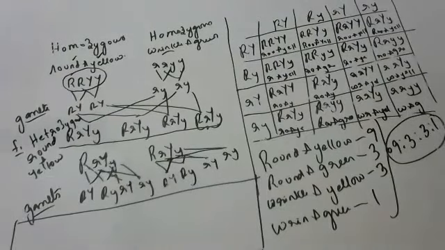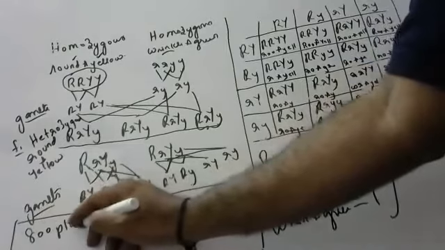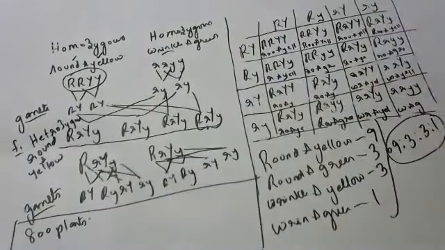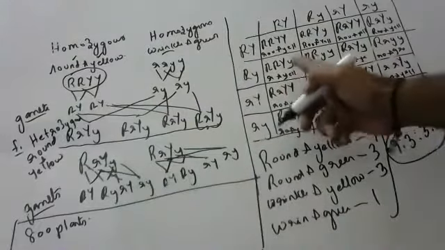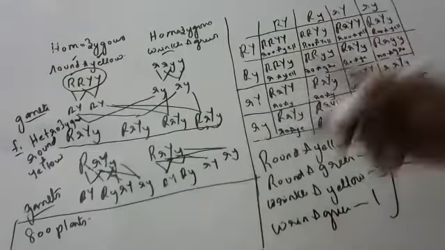Listen carefully, children. 800 plants are obtained in the second generation. Of course, here we got 16 only, but 800 plants are obtained in the second generation.